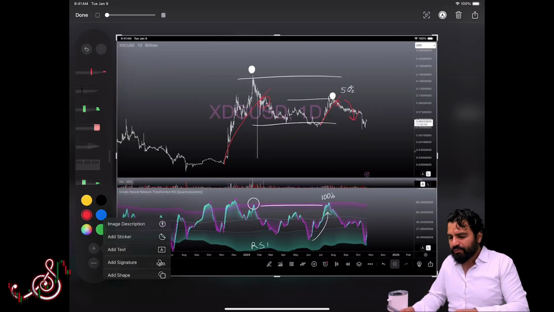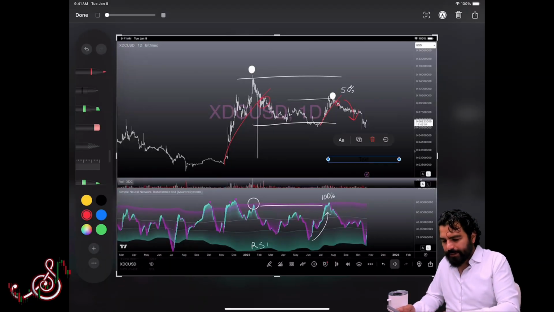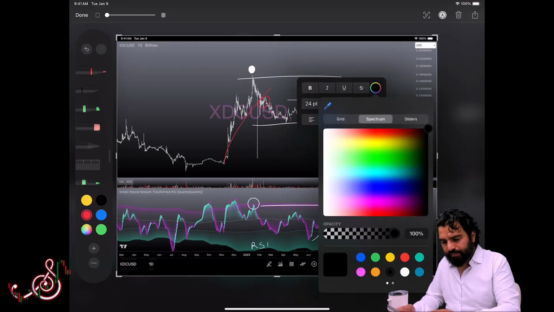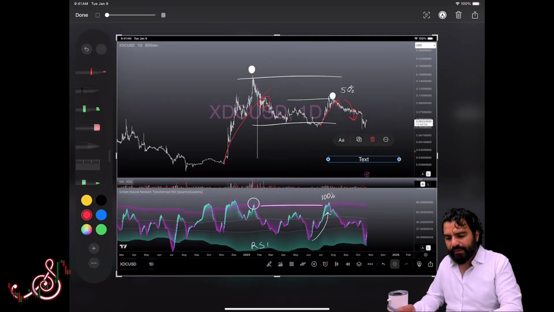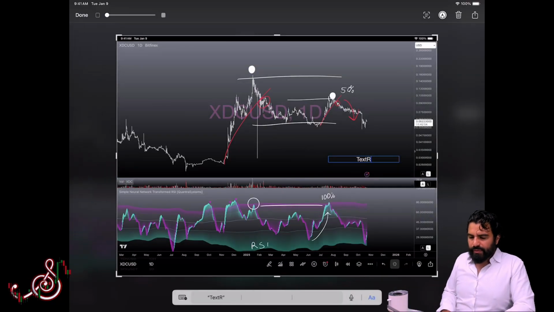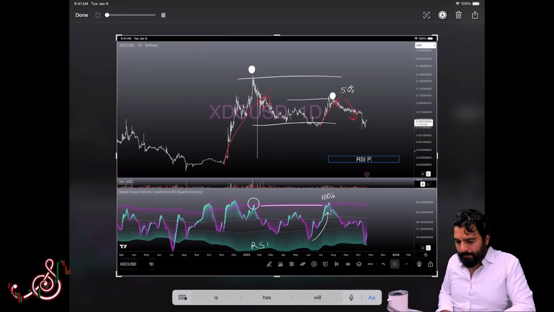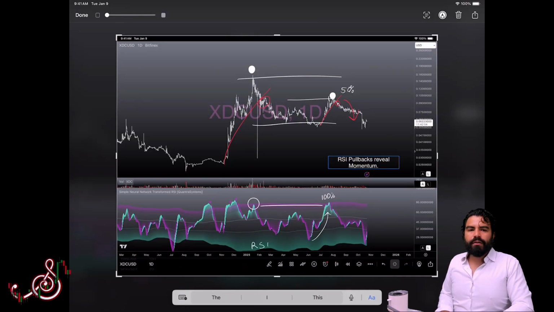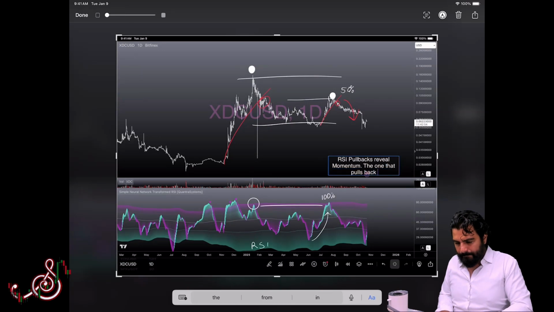RSI pullbacks reveal momentum, and that's why I really like them. Okay, so RSI pullbacks reveal momentum. The one that pulls back brings the other in the direction of the snap.